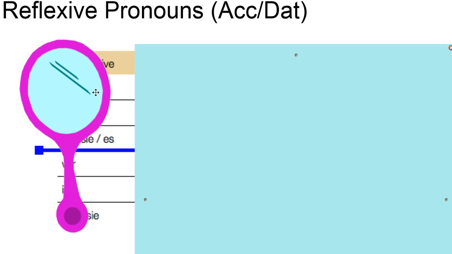When I look into the mirror, I see myself. When he looks into the mirror, he sees himself. She sees herself. We see ourselves. They see themselves. So anything with the self or the selves, that's a reflexive pronoun.